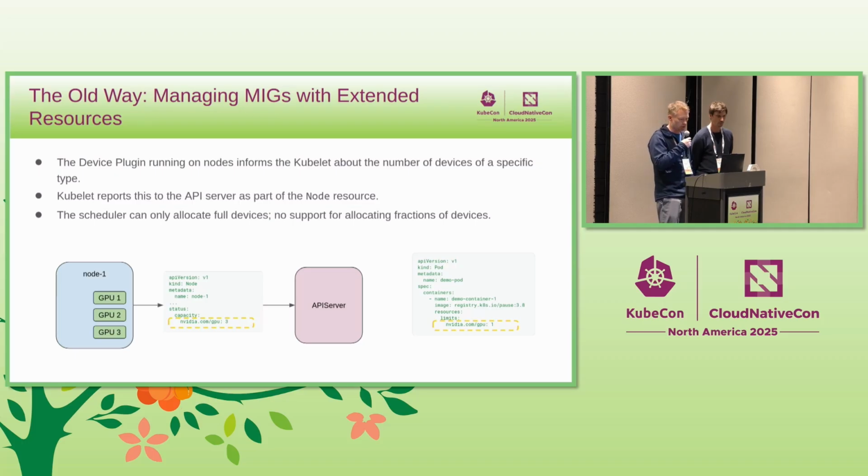In the example here, you can see that this node object reports 3 GPUs. And then when the scheduler needs to allocate devices for a pod, it simply looks at the number of requested devices and the number available, and it can quickly decide if this works or not.